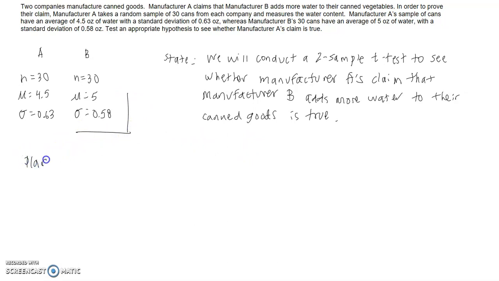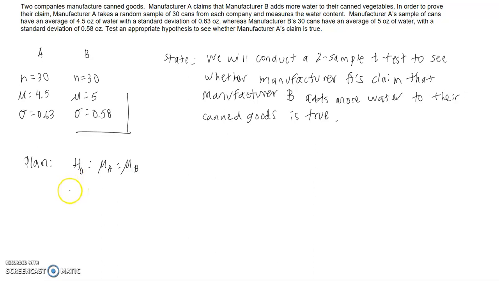So plan, we need to outline our hypotheses. Here we have our null and alternative hypotheses that need to be tested. Our H naught, or our null hypothesis, states that the average for the two manufacturers would be the same.